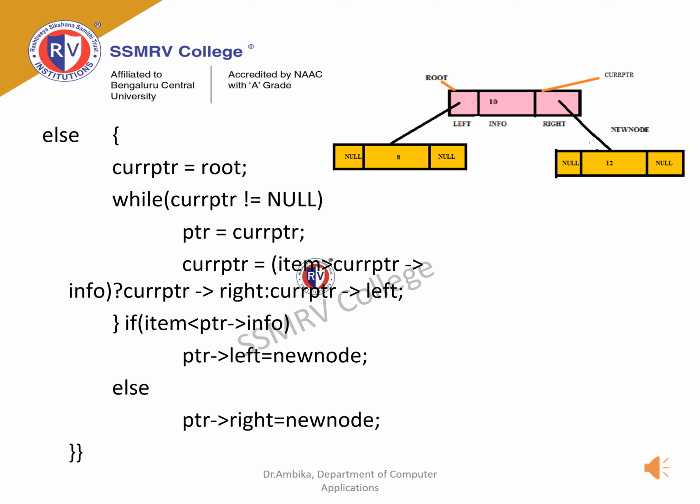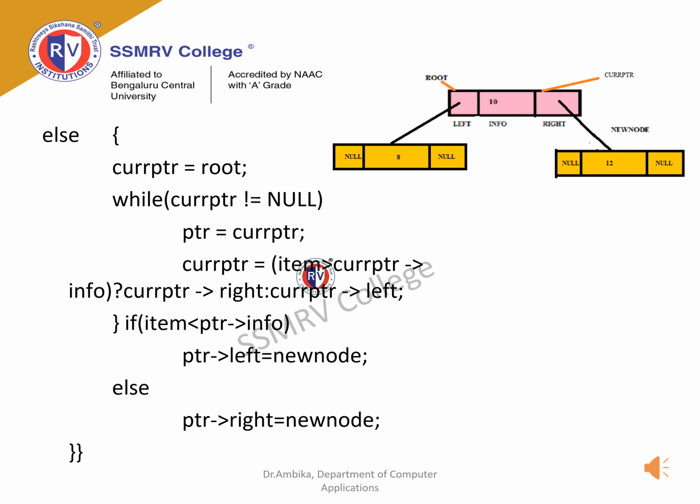Let us assume that the user accepts 12 as the next number to be inserted into the tree. As the number is greater than 10, the node is placed to the right of the root, that is, the right pointer in the root is pointing to the node containing 12.